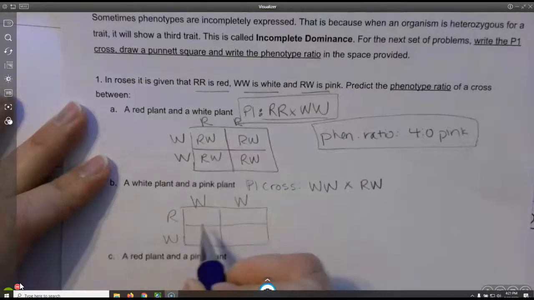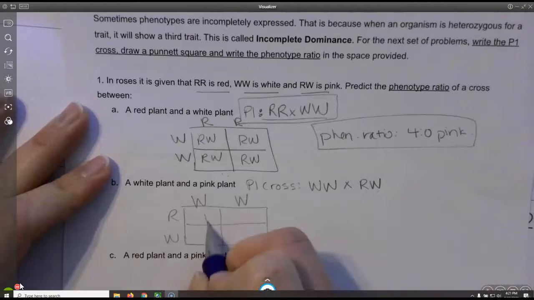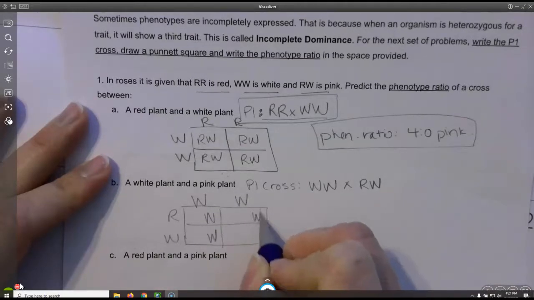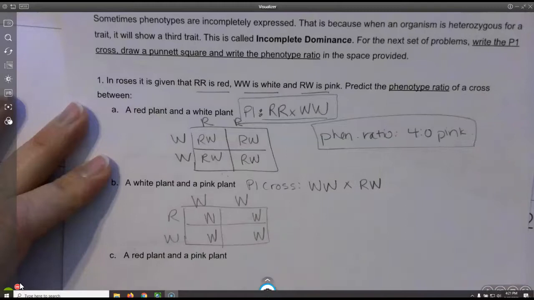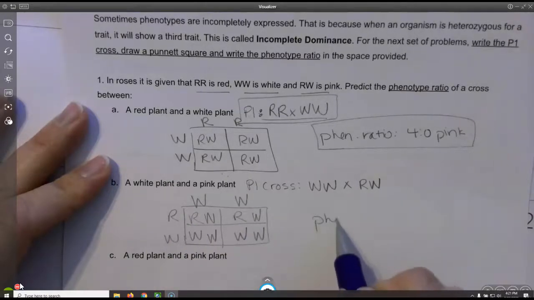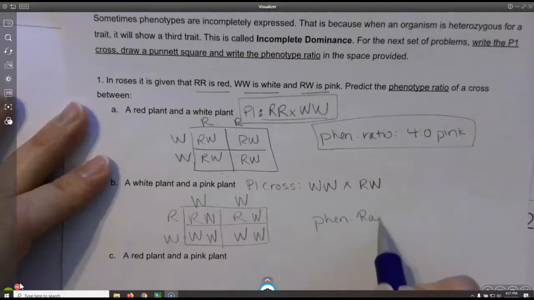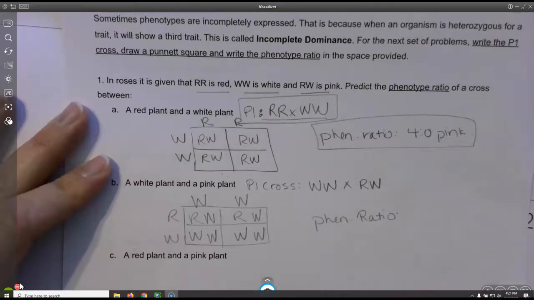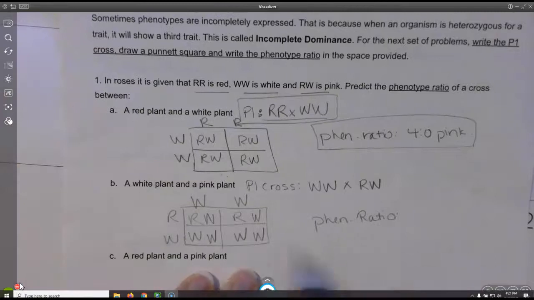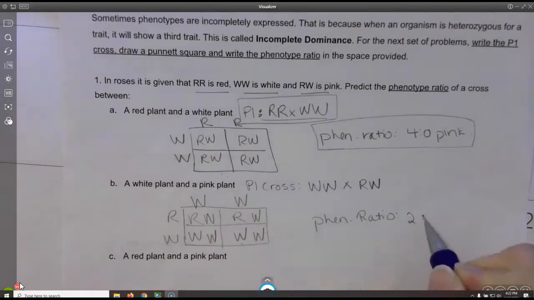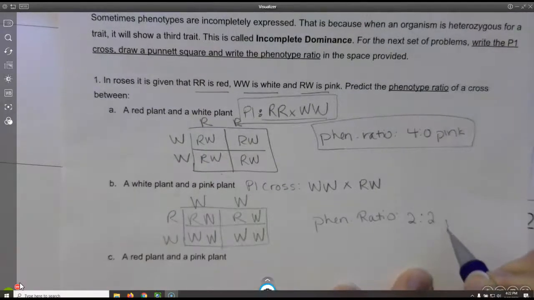W is going to be after R, so put your W's down all the way to the right. It's not that it's less dominant, it's just that it goes in alphabetical order. Slide your R's over and add your W's here. What is our phenotypic ratio for this one? Pink, pink, pink, white, white, so that will be 2 to 2, pink to white.